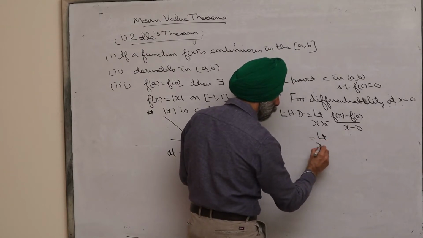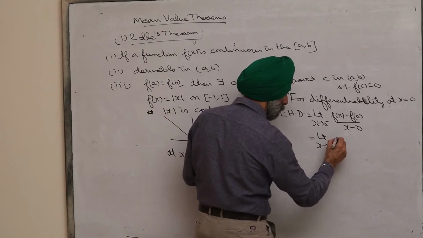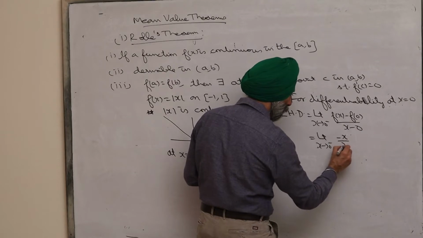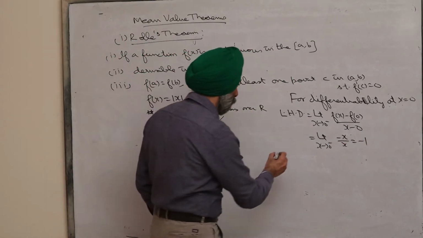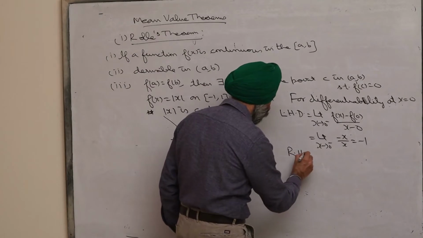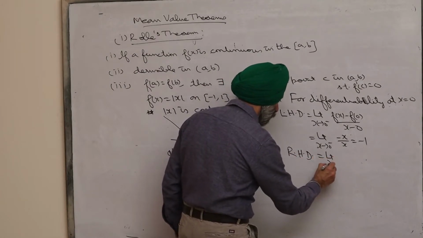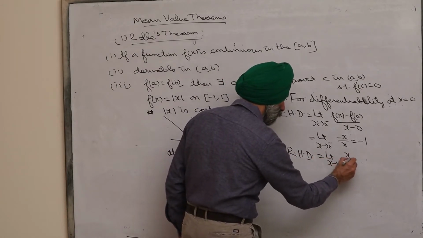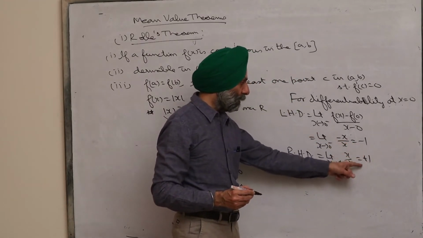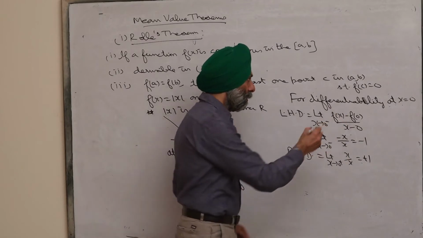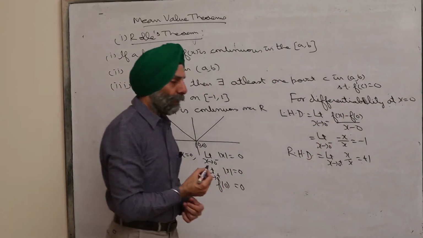This is minus x upon x, which is equal to minus 1. Now the right hand derivative is equal to the limit as x approaches 0 from the positive side of x over x, which is plus 1. Since these two are not the same, this clearly shows that the function is not differentiable at x is equal to 0.